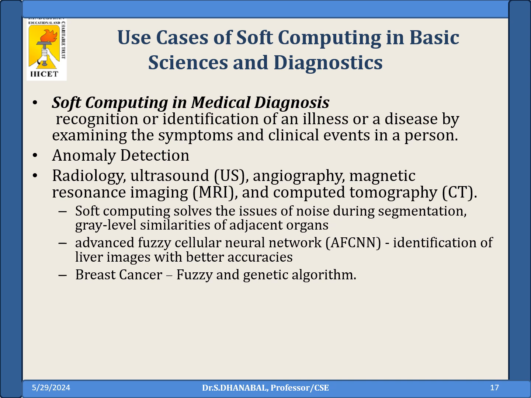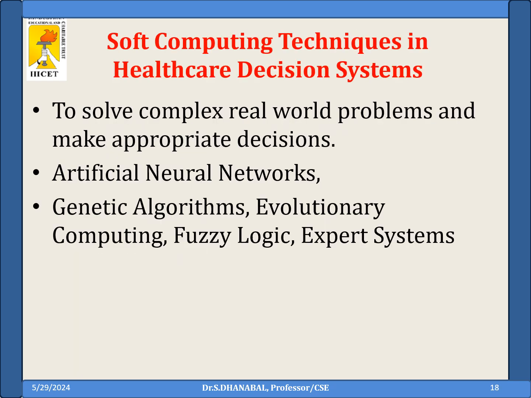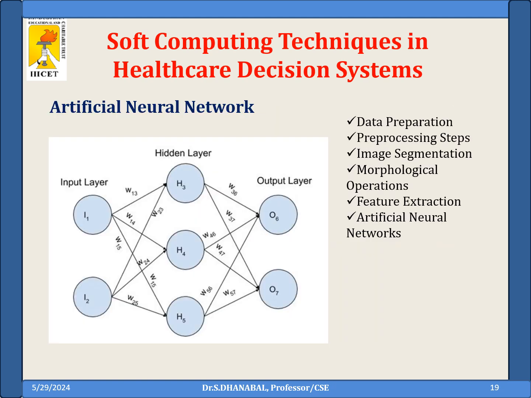Based on the images given by them, we can apply computing algorithms to find the type of disease and the level and conditions of the disease. For example, if you take breast cancer, fuzzy and genetic algorithms are highly used to solve complex real-world problems and make appropriate decisions. Artificial neural networks, genetic algorithms, evolutionary computing, fuzzy logic, and systems are highly used.